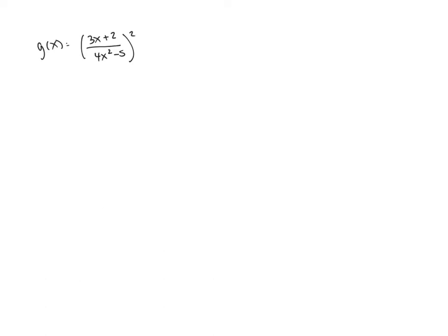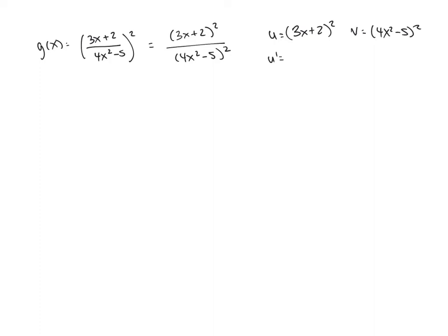Okay, so let's do it one way first. I'm going to distribute the squared to each piece. So that would be 3x plus 2 squared over 4x squared minus 5 squared. Now let's break it up into our quotient rule. So my u is 3x plus 2 squared, and my v is 4x squared minus 5 squared. Now my u prime is going to be the chain rule.